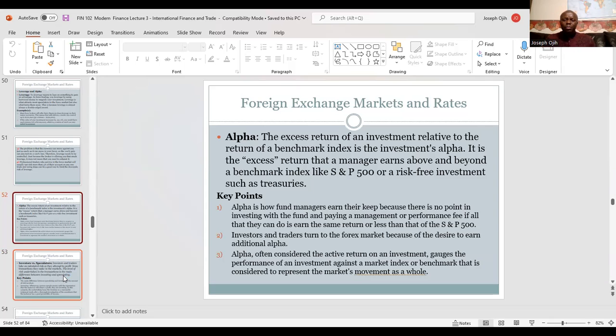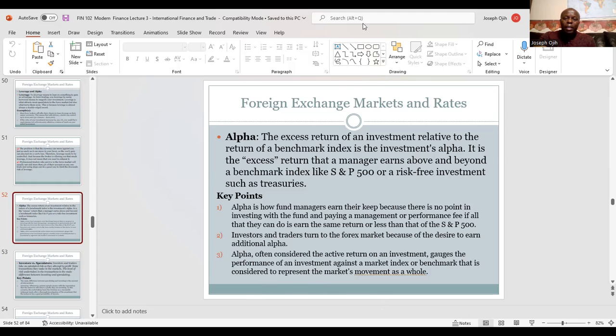In other words, alpha is the excess return that a manager can make above and beyond a benchmark index like the S&P 500 or any risk-free investments like treasuries.